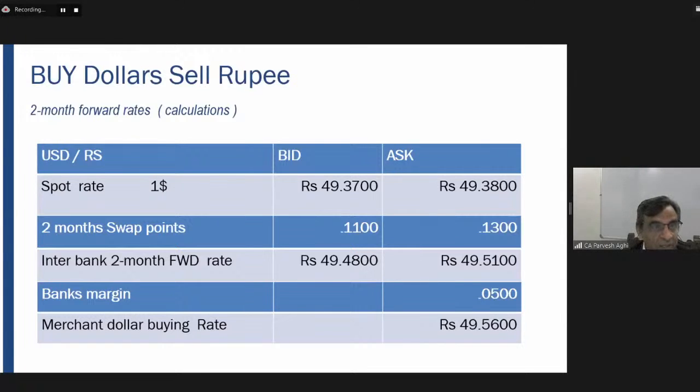The ask rate is basically the rate at which you can buy dollars in India. As a customer going to the bank to buy dollars, he'll get a higher rate, 49.56, compared to the bid rate, which is normally lower. When you want to sell, you look at the bid rate. When you want to buy, you look at the ask rate. So the merchant buying rate is this.